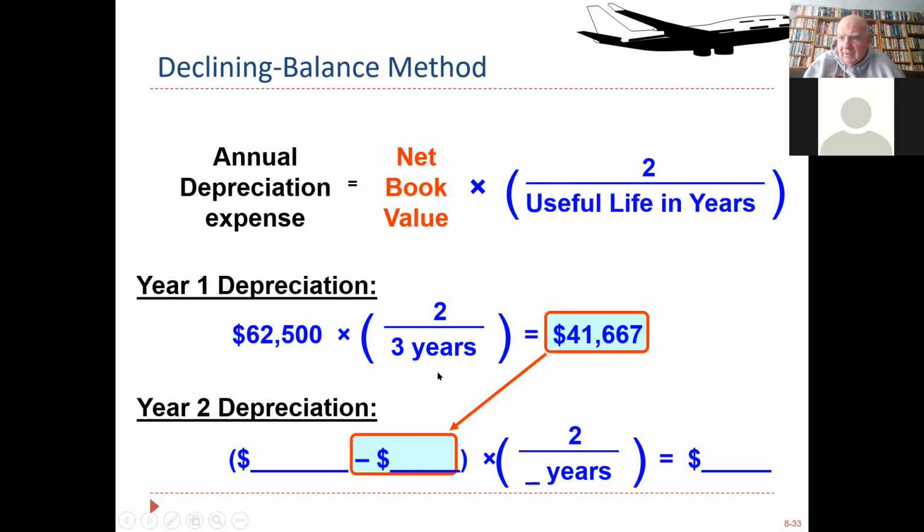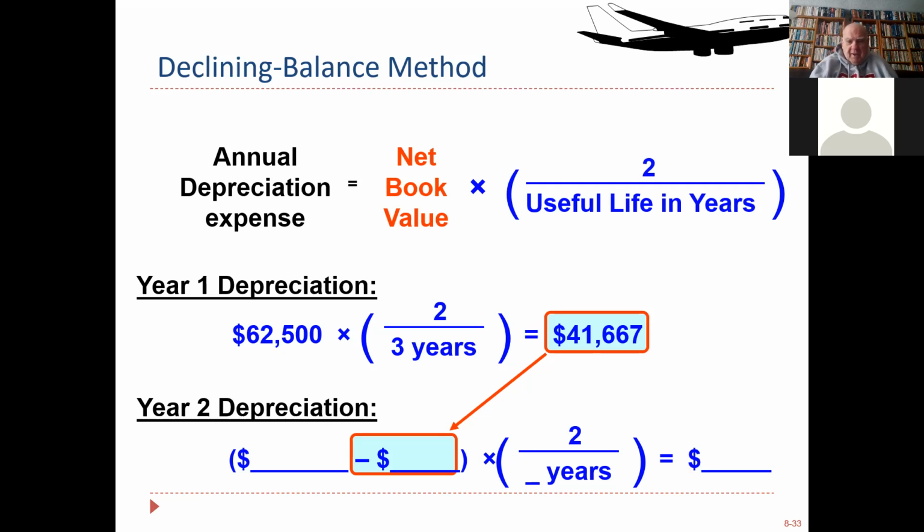So under straight line, that would have been 1/3 per year. Remember, 20, 20, 20. How do we get the rate for double declining balance? It's simply double whatever the straight line has. The straight line method would have been 1/3 every year. Now we're going to go 2/3 every year.